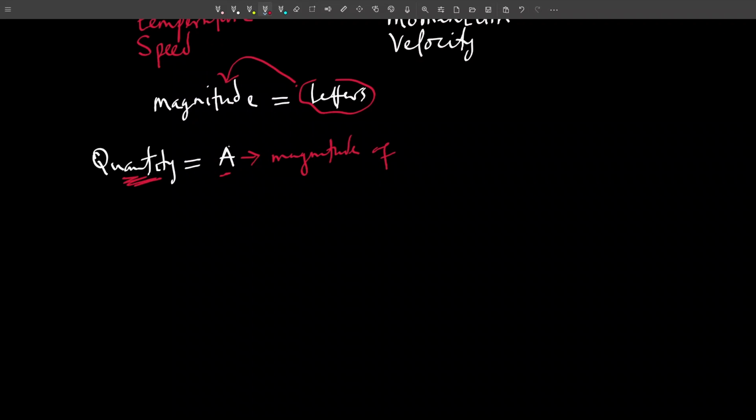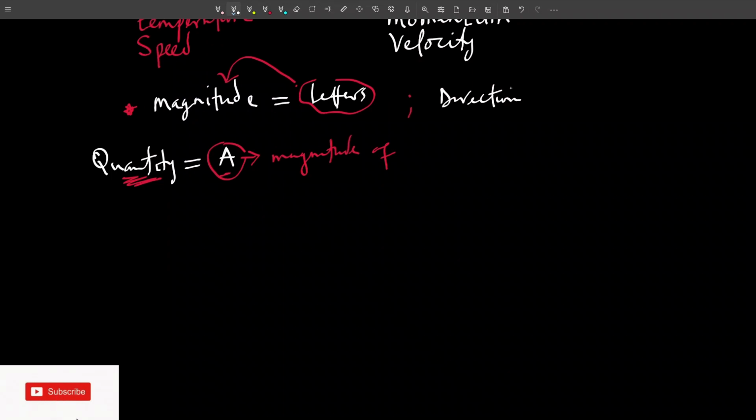Do you understand that? Since the letter is representing the magnitude of the quantity, note that we use letters to represent magnitude. Also note that direction is represented using arrows. When you see an arrow sign, something like this, we use this to represent direction.